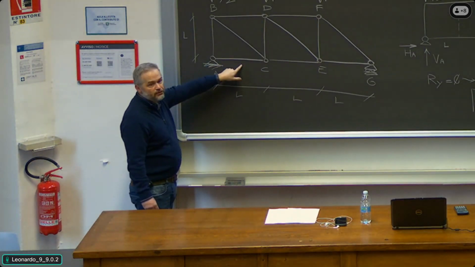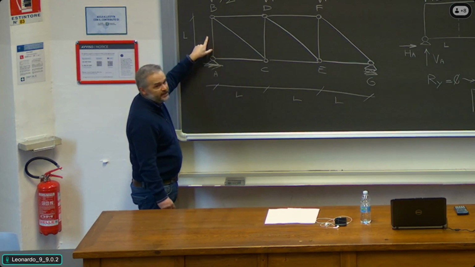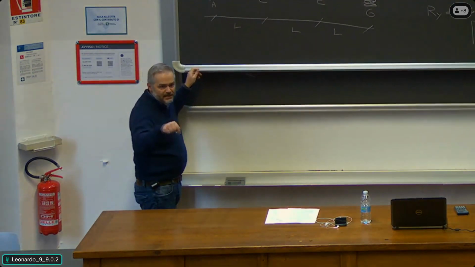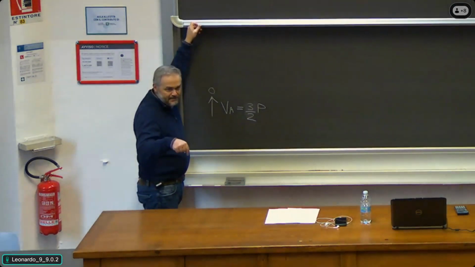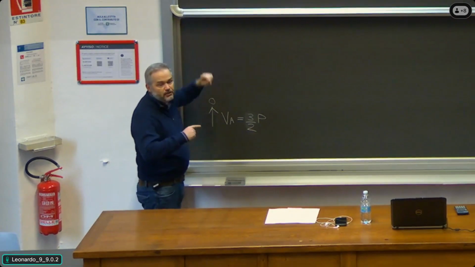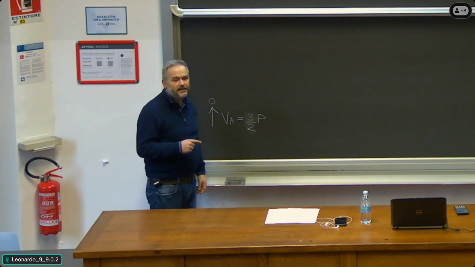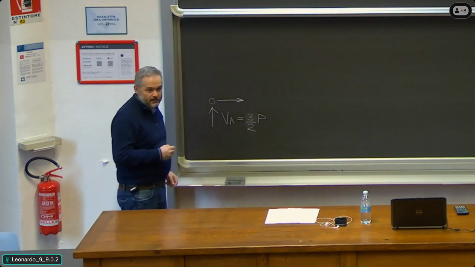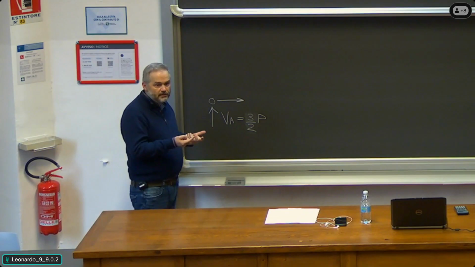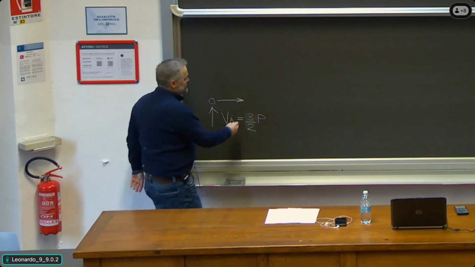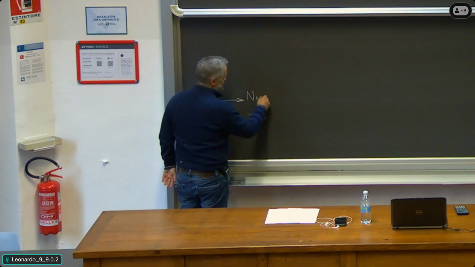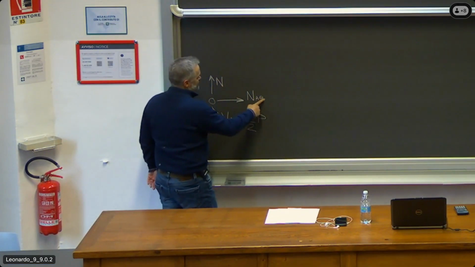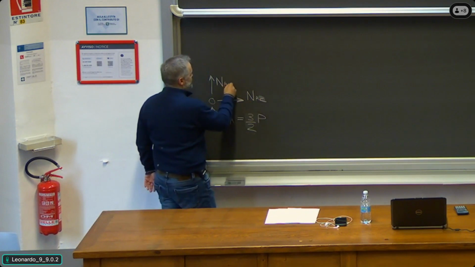One is horizontal, it's called AC, and one is vertical, and it's called AB. My way of doing things, but again, it's my convention. I assume the axial forces to be positive if they are tension forces, which means tension forces pull on the nodes at which they act. This is called NAB. This is called NAC, and this is called NAB.